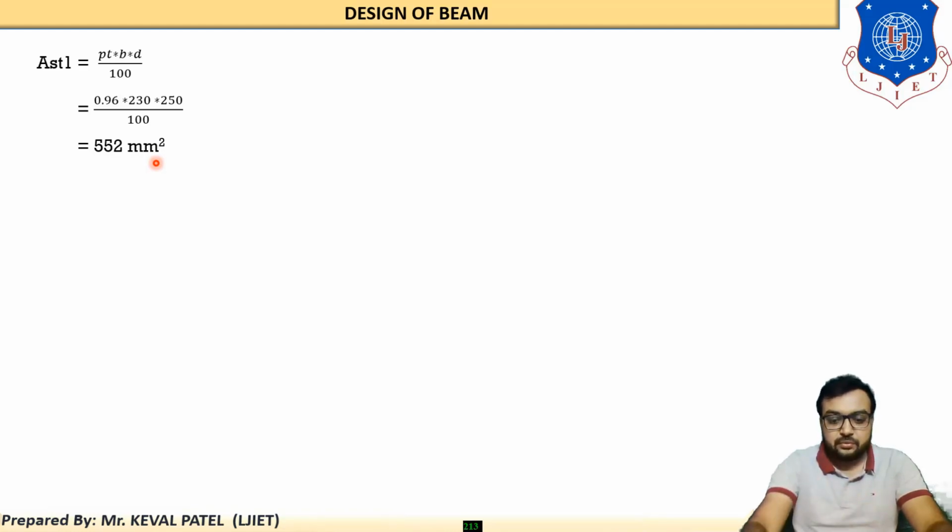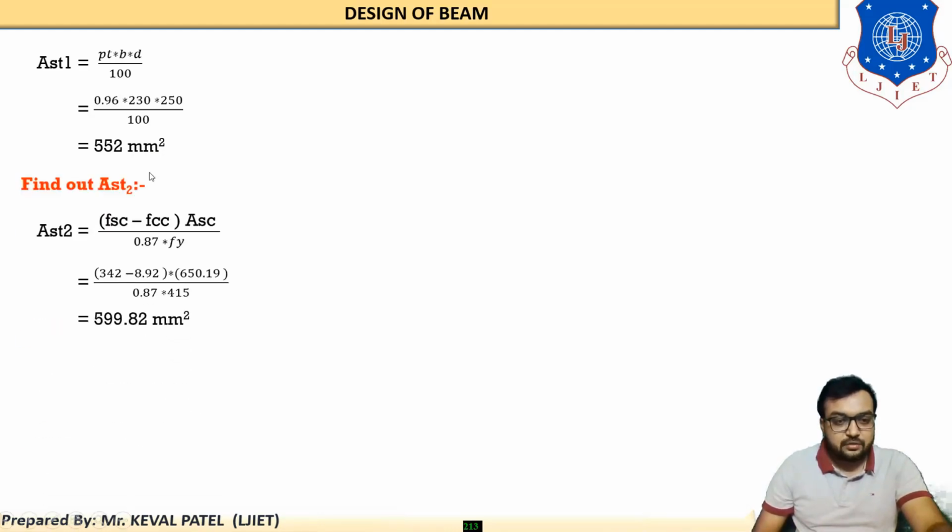Now moving further to the calculation of Ast2, the equation of Ast2 is directly given on page number 96 of IS 456:2000. Ast2 is equal to (fsc minus fcc) into Asc divided by 0.87 into fy. Students, we have all these values.